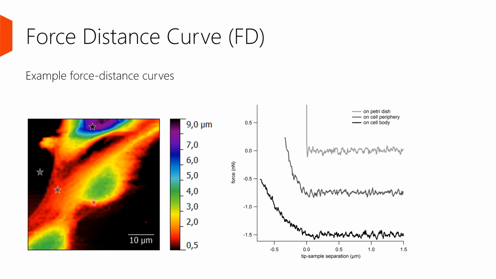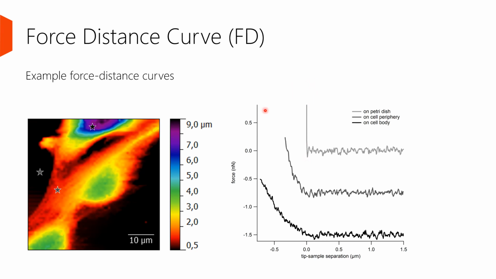So for example, if we have some FD curves on cells, on different areas of the cell, based on the slope of the contact regime, we can tell the stiffness of our sample. For example, if the force curves were done on the petri dish, it's basically a straight line.